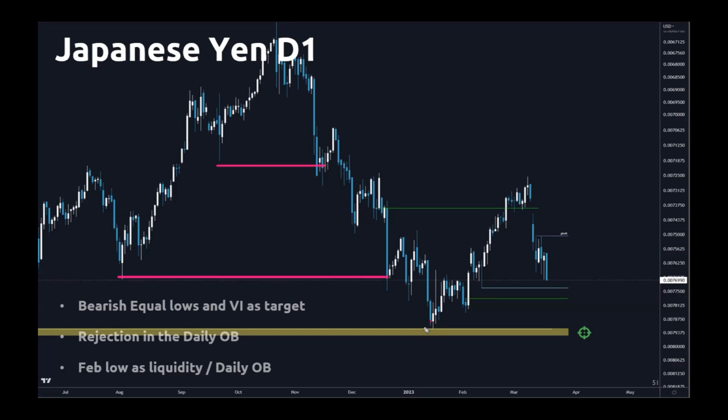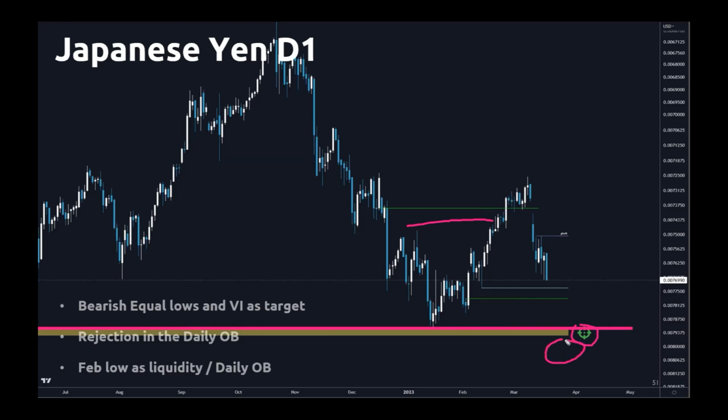And this one, go to the Japanese yen daily, look left, and you will see here is an equal low. So there are basically equal lows in here, which is, in my opinion, a target. Why? Because those who entered these longs in here, expecting price to go higher, might have stop losses in here, right?